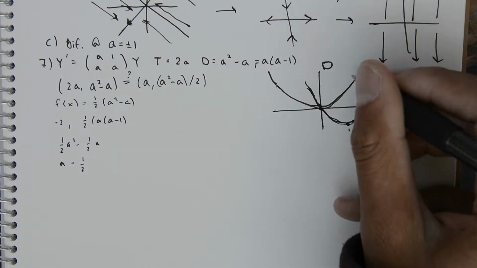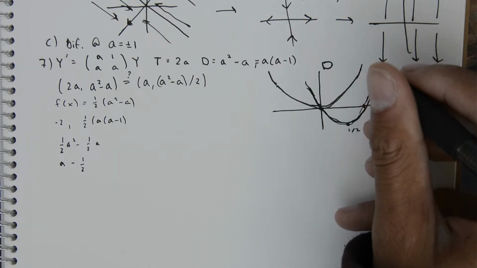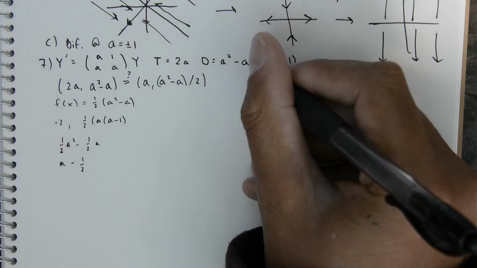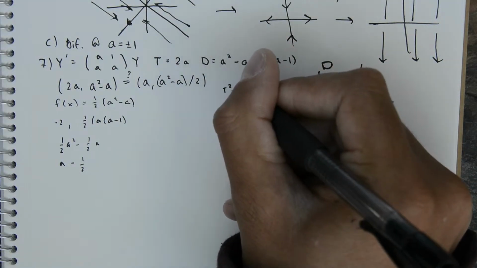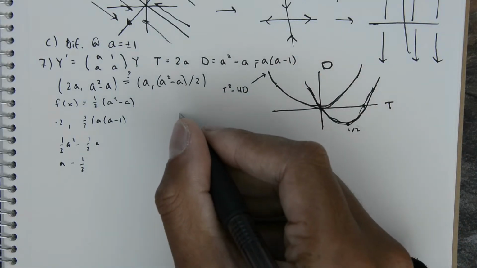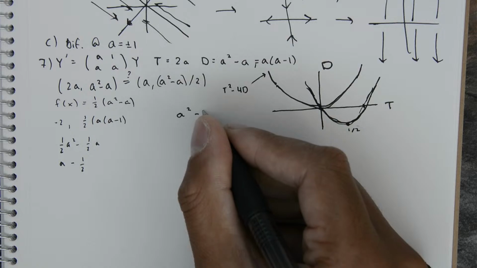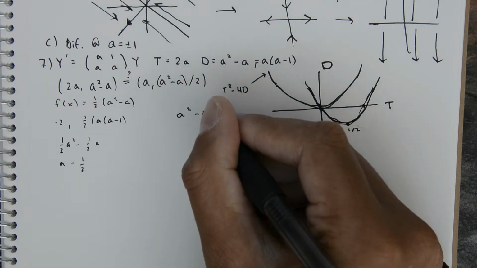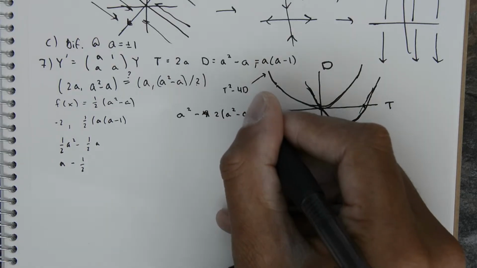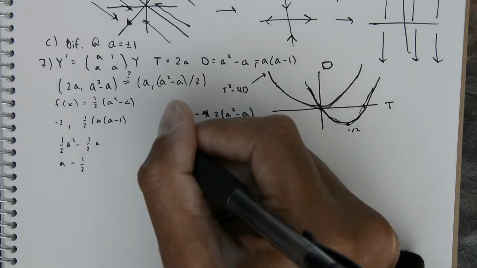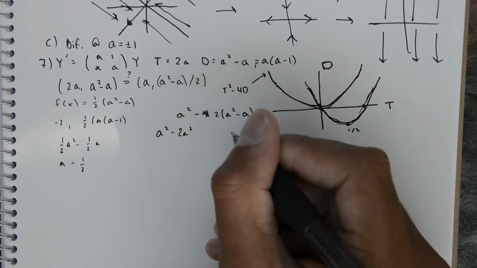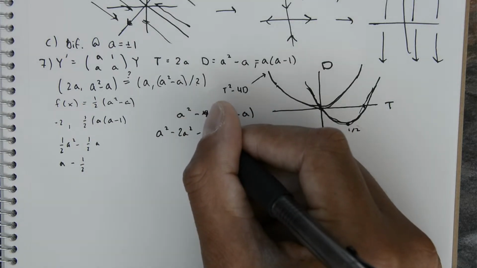And I honestly can't tell if this curve is t squared minus 4d. So t squared minus 4d is going to be a squared minus 4, so it's going to be 2 because that's going to cancel with that too, 2 a squared minus a. So if we set that equal, a squared minus 2a squared minus a.